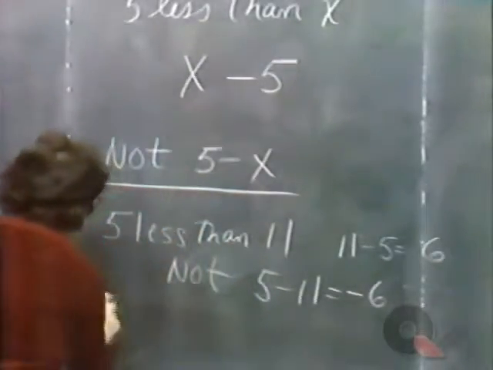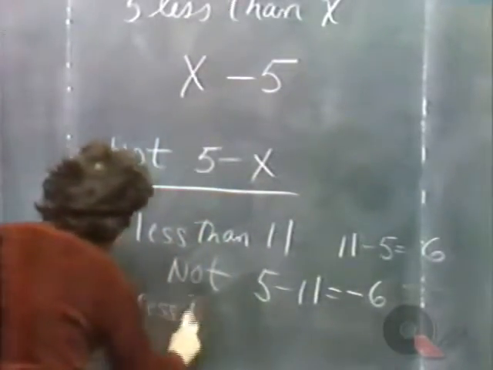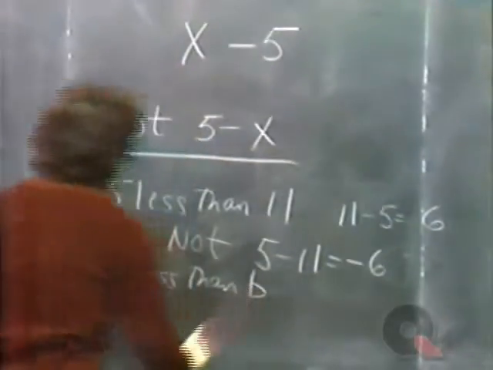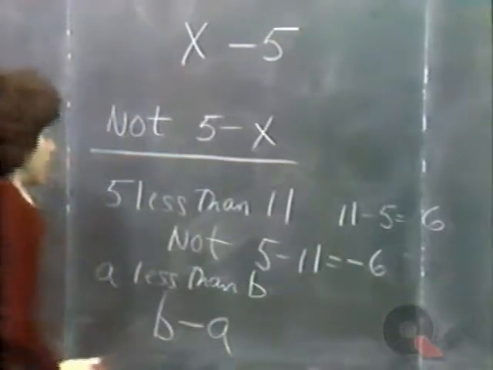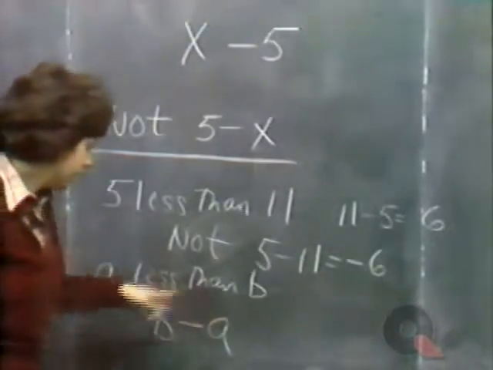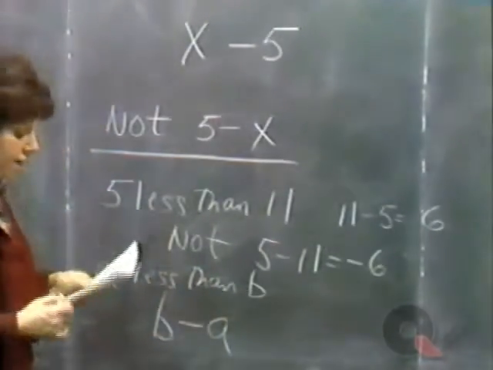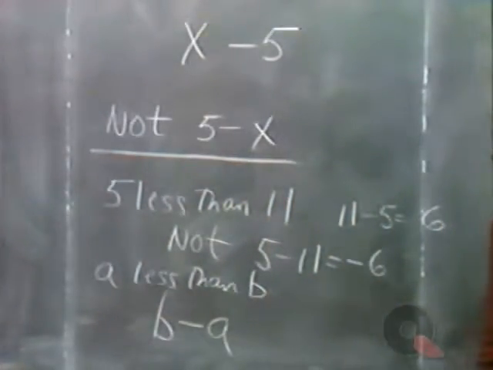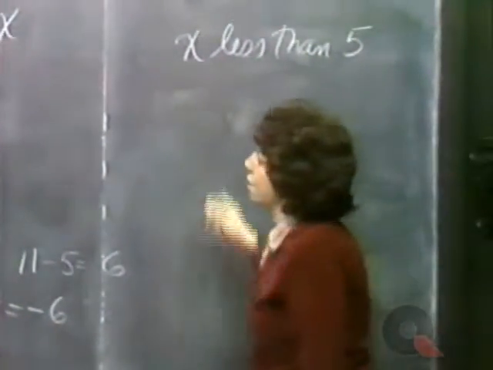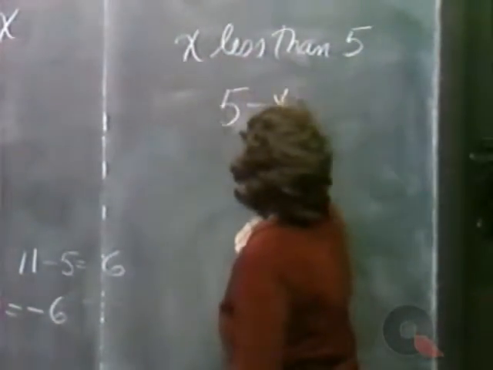Okay, a less than b. We're taking a away from b. A less than b is b minus a. X less than 5 is 5 minus x.